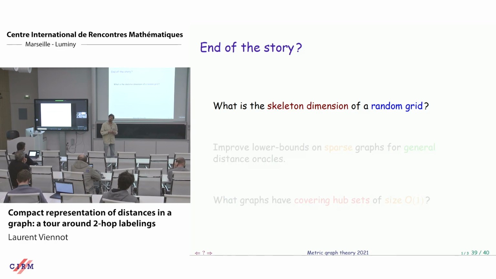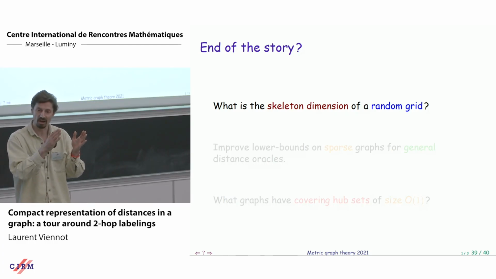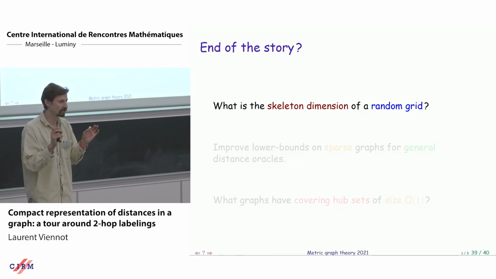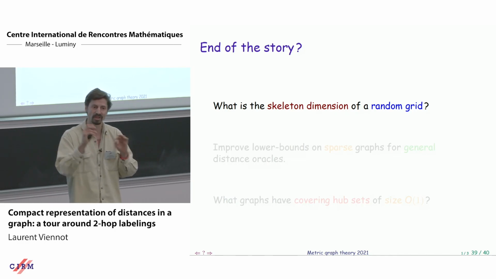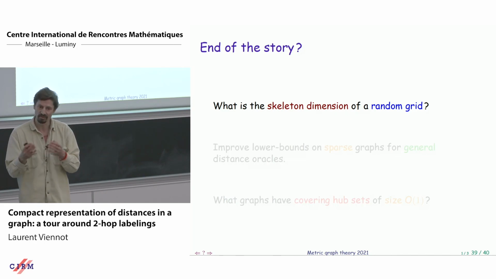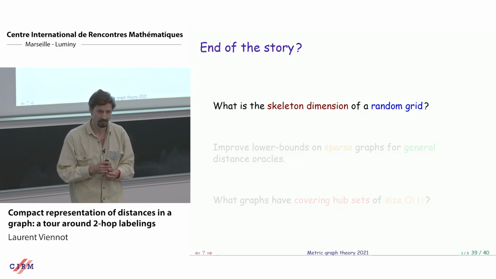And these 2-hop labelings have a nice property: when you have 2 nodes at distance r, the common hub is at distance theta of r. It is at least r over 3 and at most 2r over 3. It's a very nice property because if you have an estimation of the distance of your node, or if you are looking for nodes at a certain distance, then you can use this property of your hub sets to narrow the search.